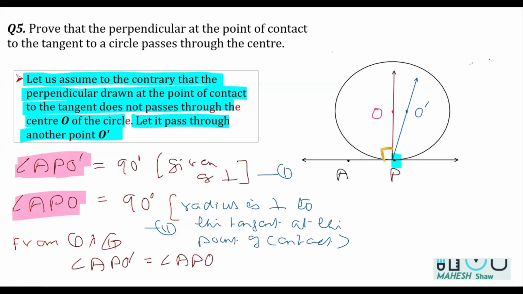Now check here, is it possible? Can APO as well as APO dash be equal? It's not possible unless these two points coincide. So we'll write the statement again, that which is not possible unless these two points coincide.